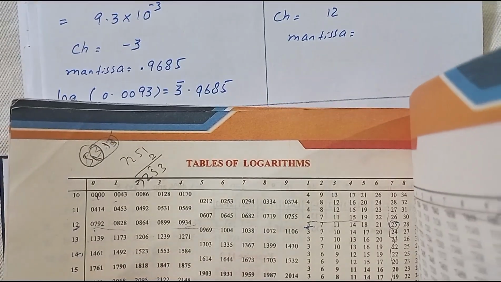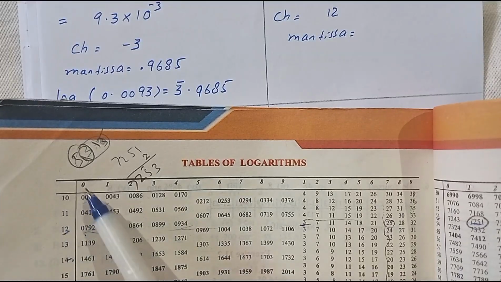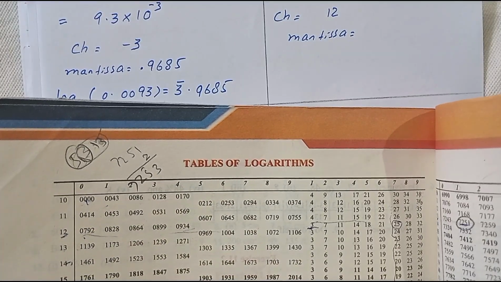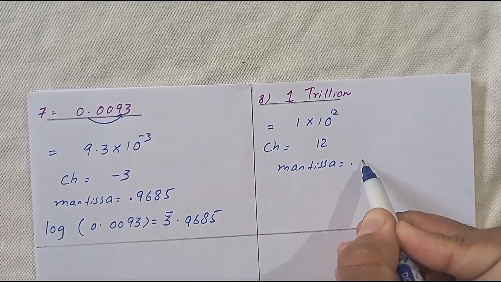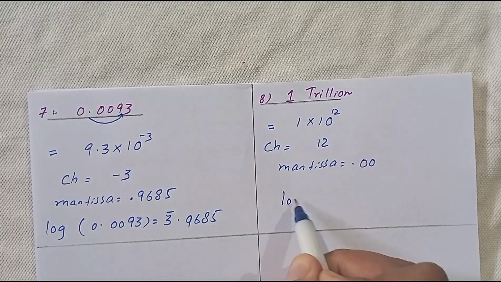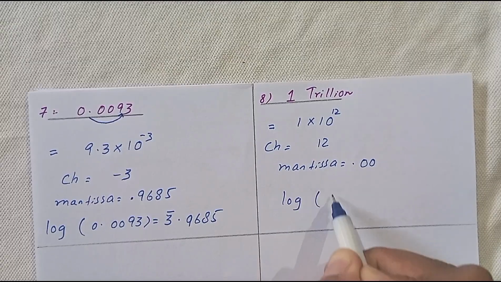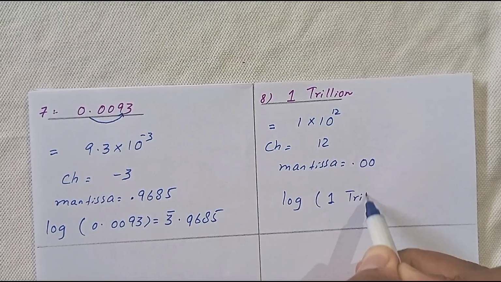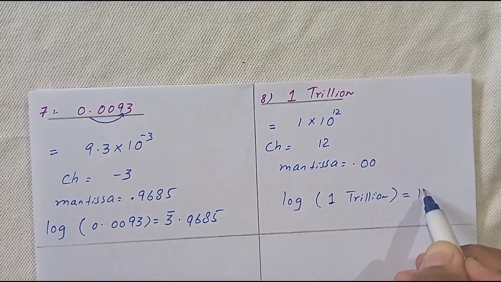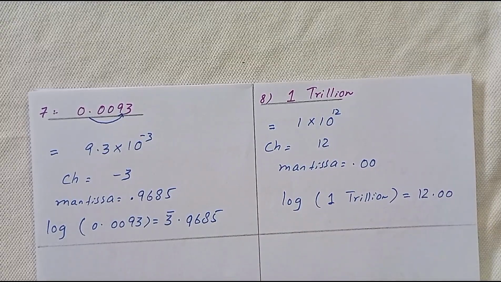In the log table you can see the value of 10 in 0 is 000. So the mantissa is 000, and the log value of 1 trillion equals, adding characteristic and mantissa, 12.000, which is the required answer.